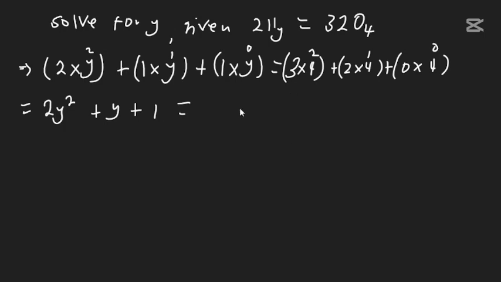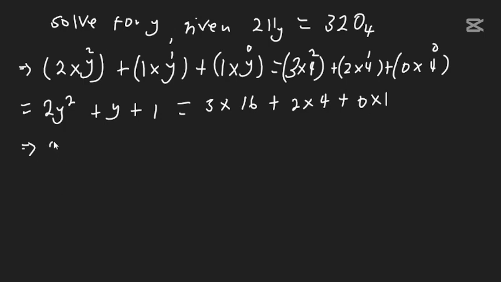So this is giving us 3 multiplied by 4 exponent 2 is 16 plus 2 multiplied by 4 exponent 1 is 4 plus 0 multiplied by 4 exponent 0 is 1.